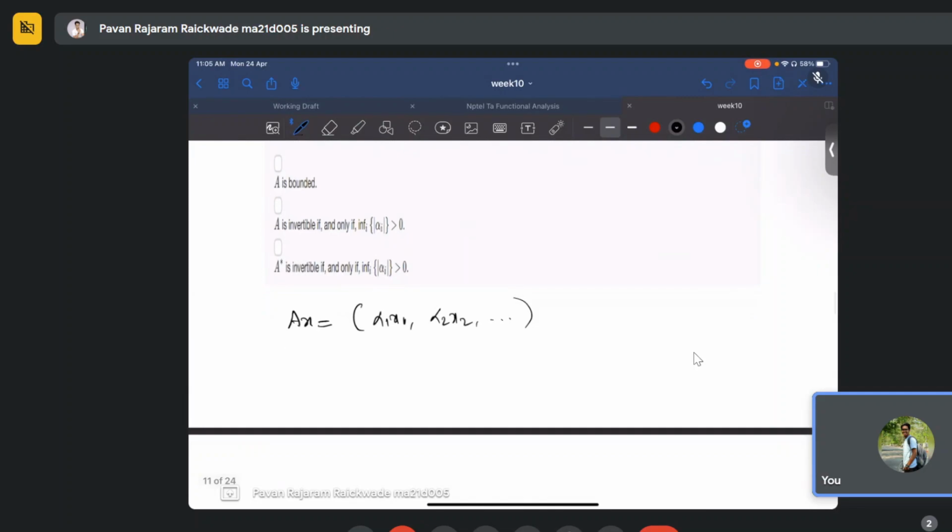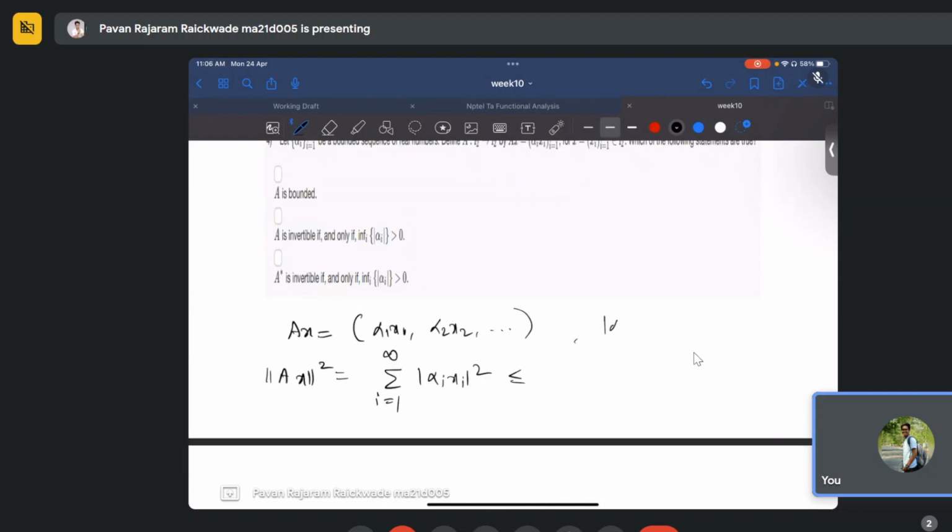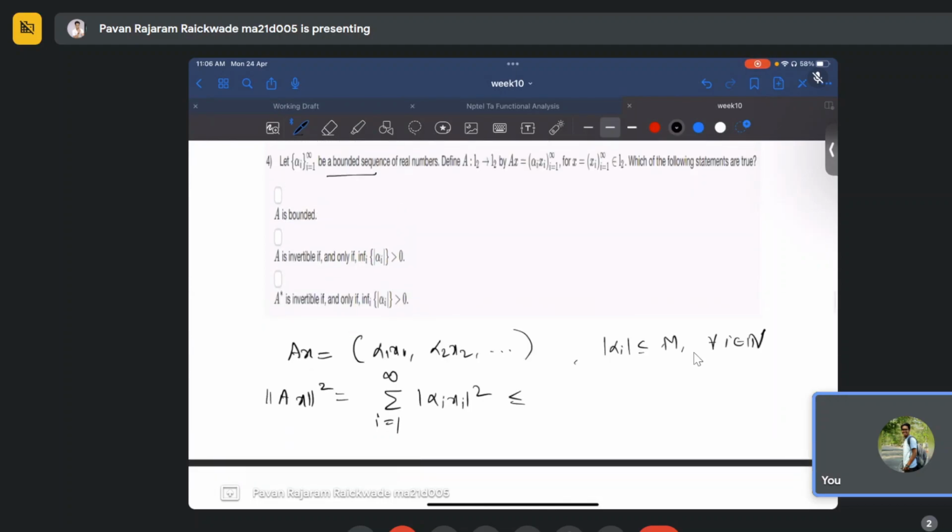Okay, so now if alpha is bounded, what is the norm of Ax? The norm of Ax squared is maybe the summation of the modulus of alpha i xi squared from 1 to infinity, which is less than or equal to, let's assume the modulus of alpha i is less than or equal to m for all i belonging to the natural numbers, since alpha is a bounded sequence, there exists an m.